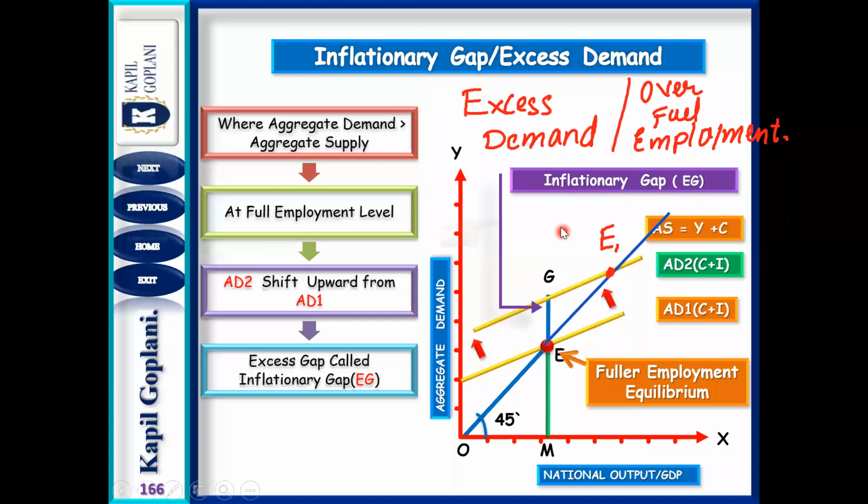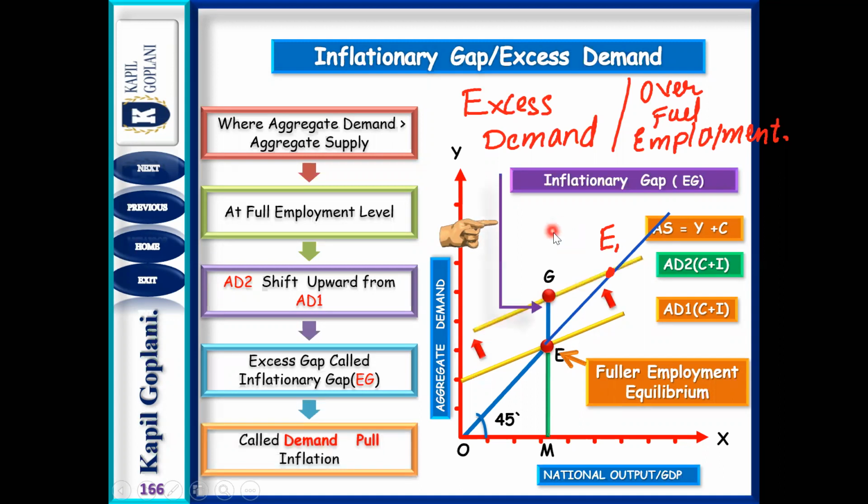As you can see in the diagram, inflation has occurred, AD has changed its position, and it is also considered as demand pull inflation. Why it is known as demand pull inflation, students? Because AD has changed, and due to AD, excess demand has occurred, and ultimately inflation has been caused.